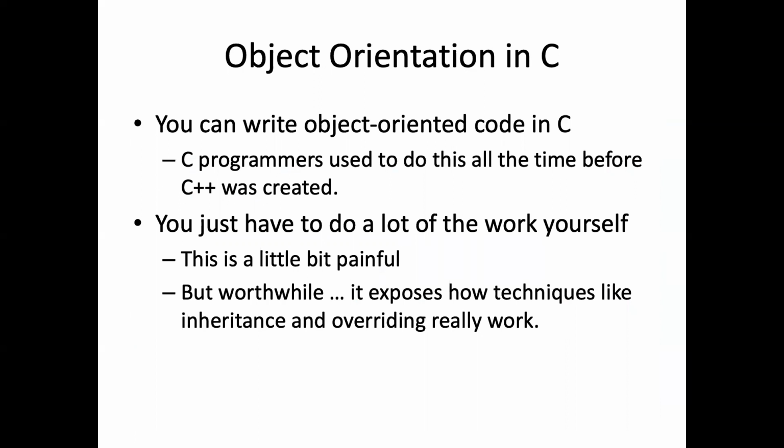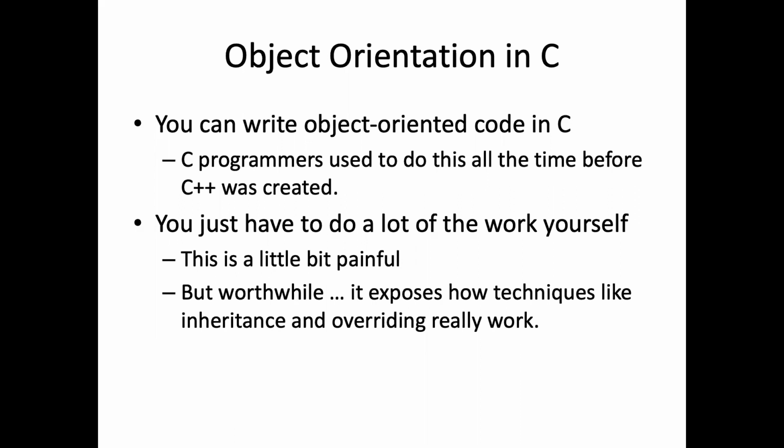And there's been a lot of object-oriented code written in C, just with the programmers having to do a lot of work of writing it. That's one reason C++ exists. It exists to have a language that's basically C with some additional object-oriented features and some other stuff we'll talk about later in the semester.